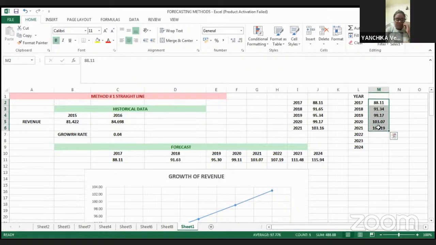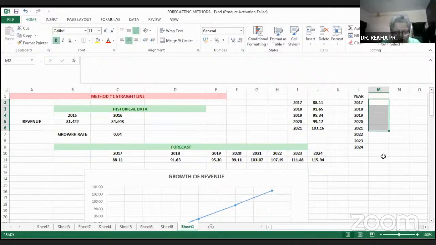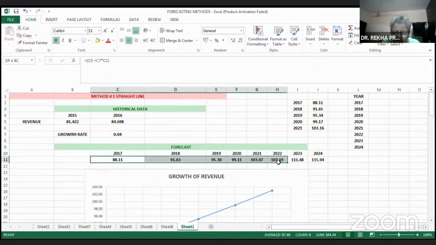And the years 17, 18, 19, 20, 21, 22, 23, 24.